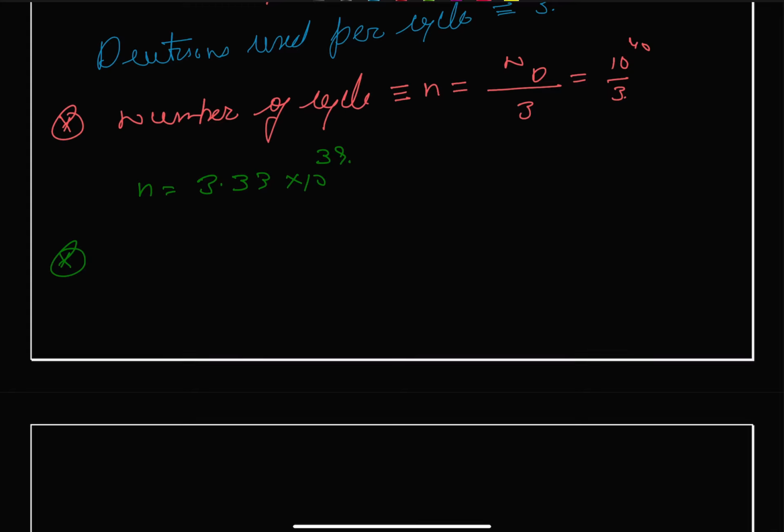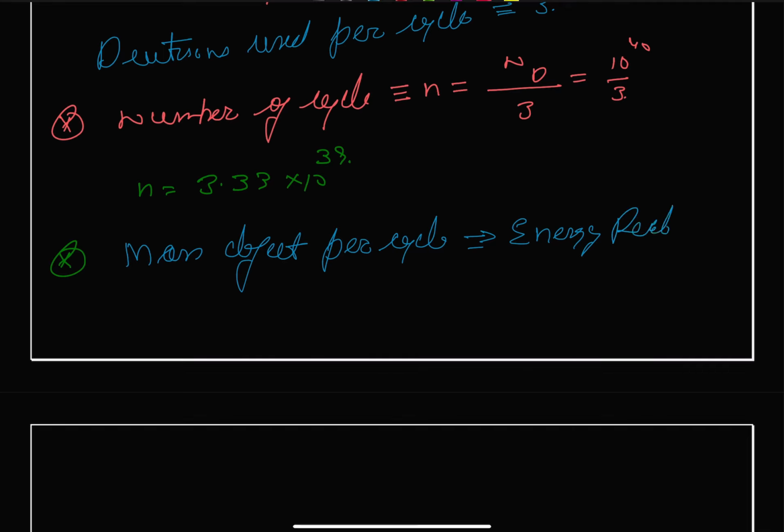So we are going to use our mass defect per cycle, which is nothing but our energy released.